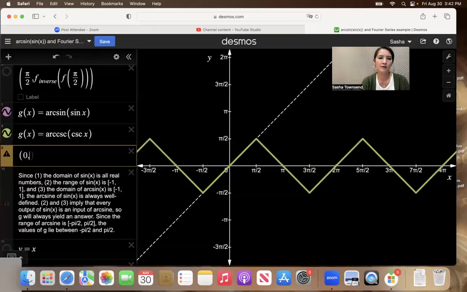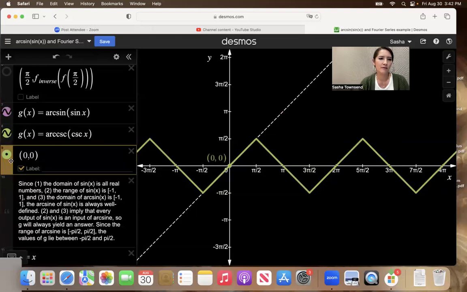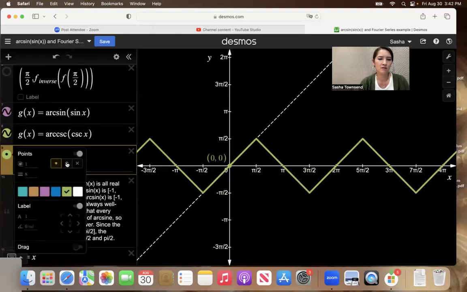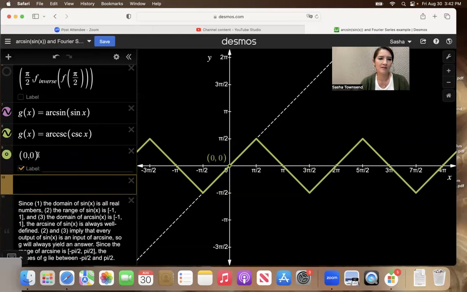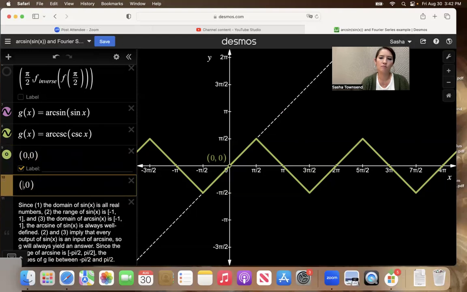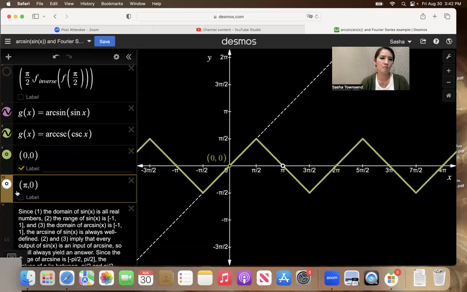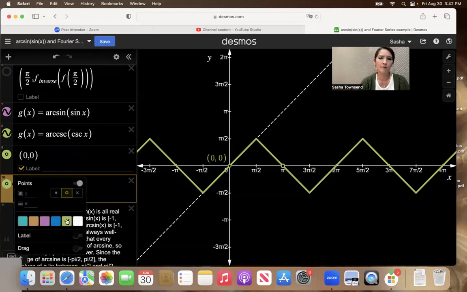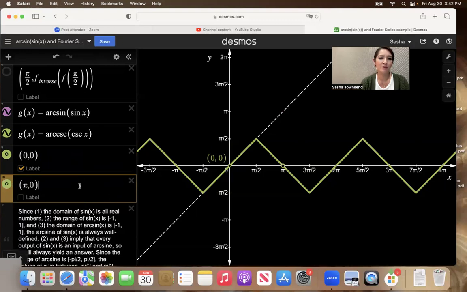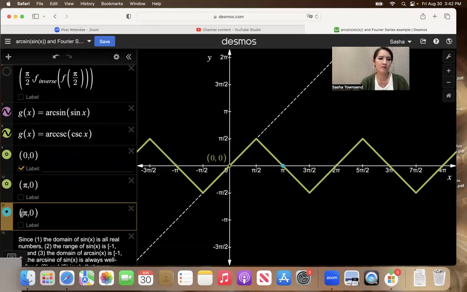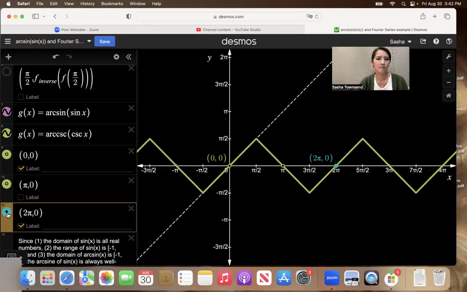So at 0, we'll have 0 as an open circle. And then we'll have an open circle at pi and 0. And then we'll have an open circle at 2 pi and 0. And so on.